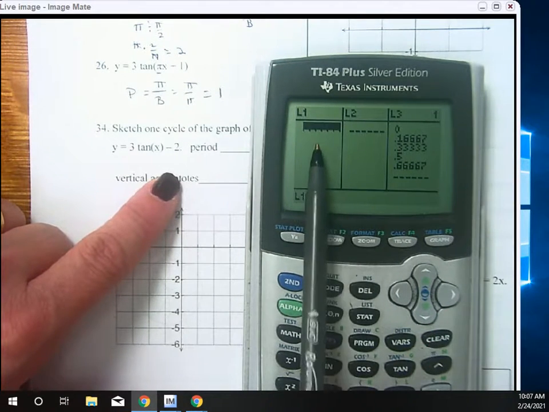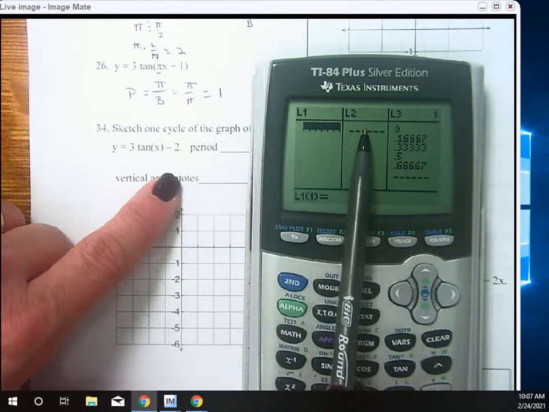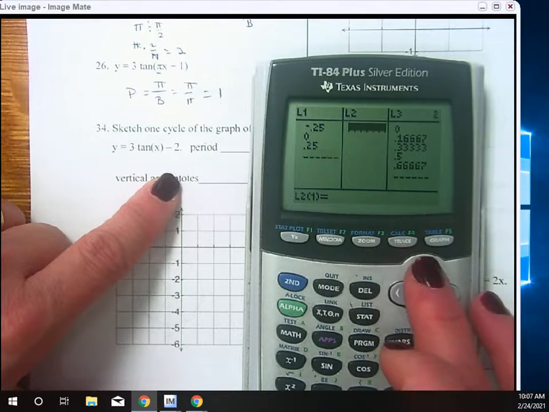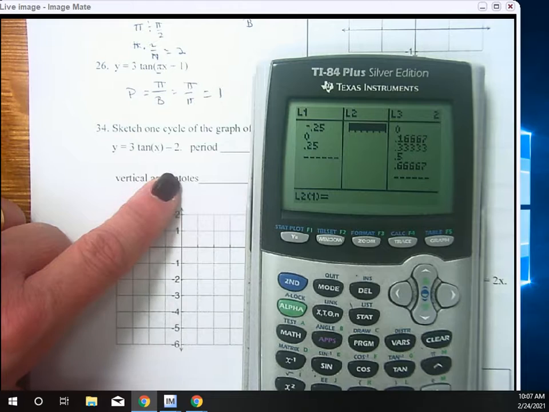I'm going to put my x's and my y's from the unit circle that were my key points into the calculator. The negative pi over 4, 0, and pi over 4 were the key points from the other side, remember.